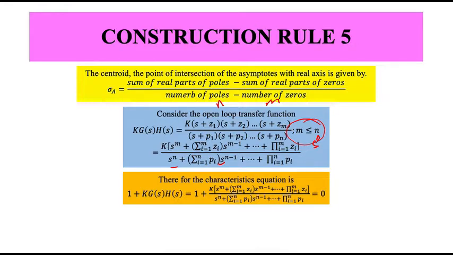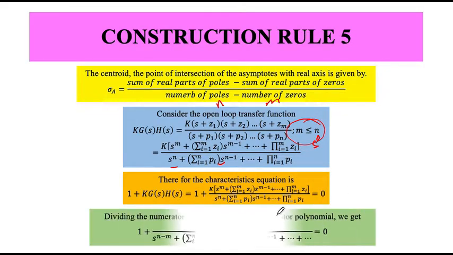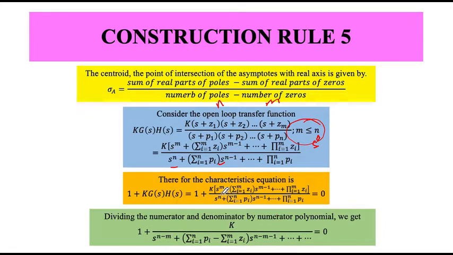So I add 1 here and divide them. I am just dividing this with this, so I have n minus m, and it will have a power of s^(n-m-1) and so on.